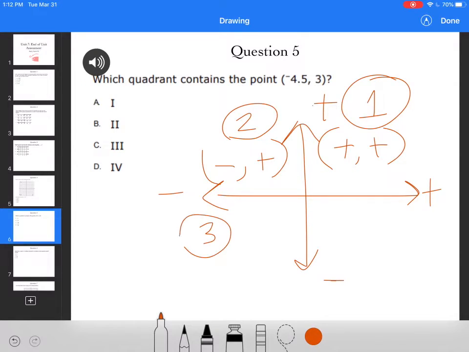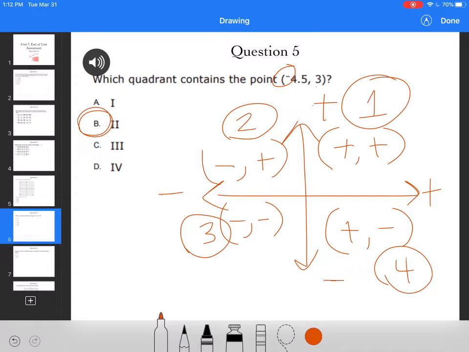Quadrant 3 is going to be negative, negative. And then quadrant 4, remember x comes first, so it's going to be positive, negative. Because my x side to side always goes first. So when I look at my point, I have a negative and then a positive number. So a negative positive would be quadrant 2.